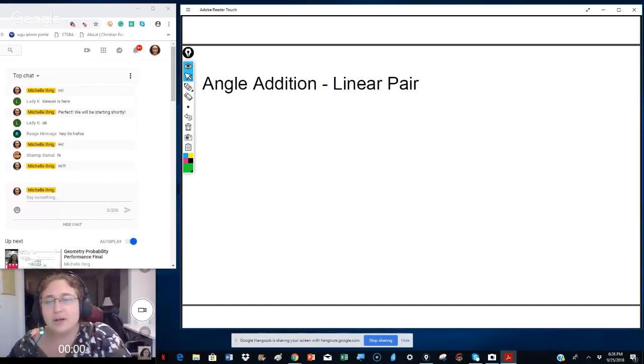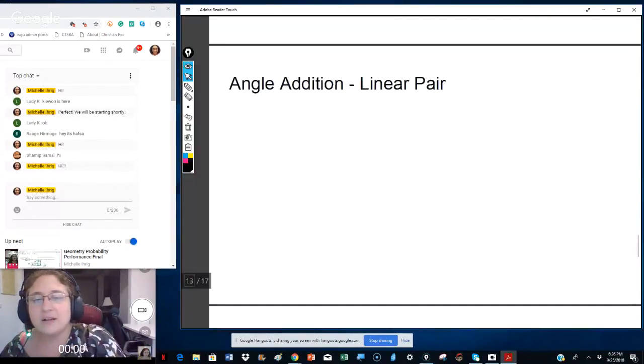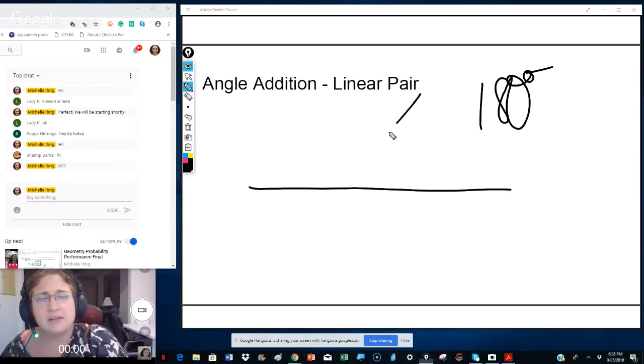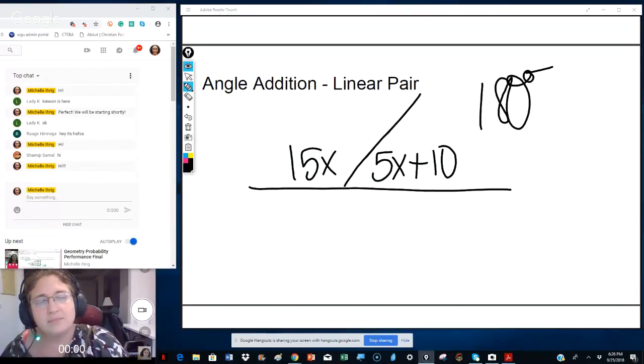Angle addition, linear pair, just as a reminder, linear pairs always add up to 180 degrees. So if you have 5x here, and over here you have, let's make it 15x, 5x plus 10. That'll work.